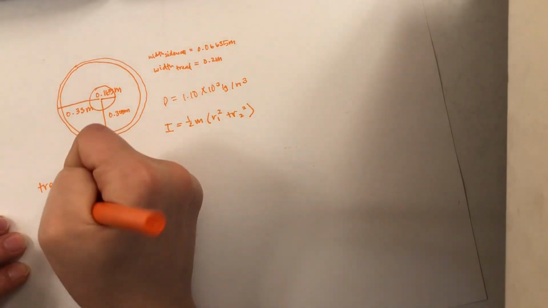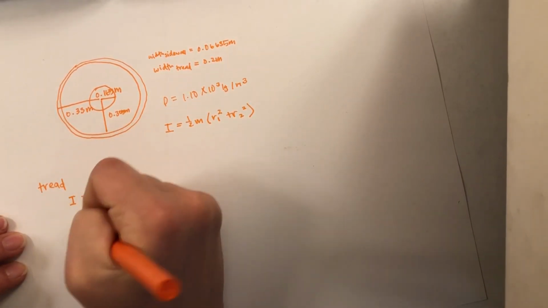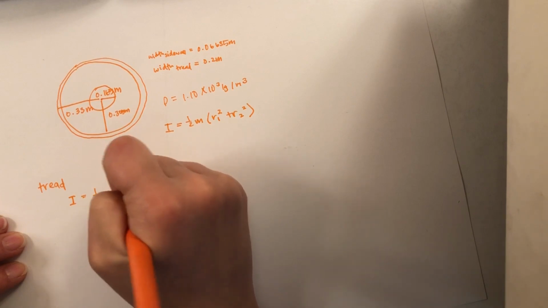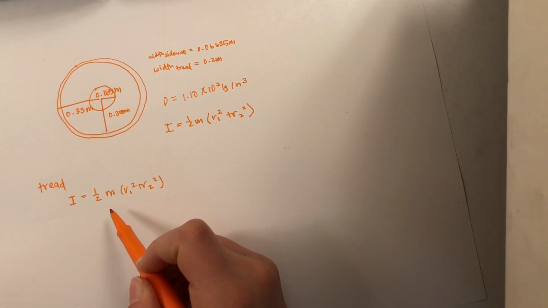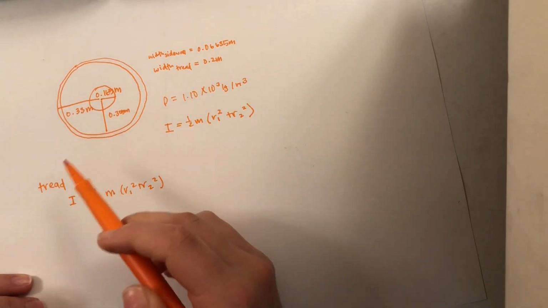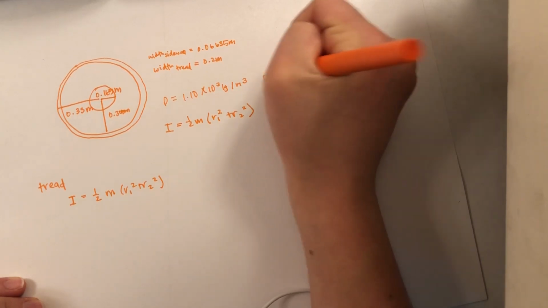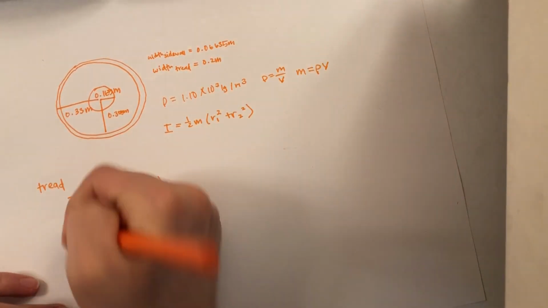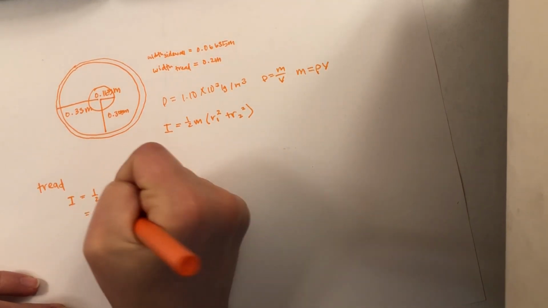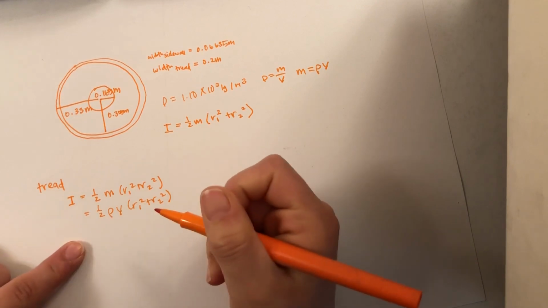Okay, so taking that, 1/2 mass times (radius 1 squared plus radius 2 squared). So we don't have the mass of the tire, we just have the density, and density is mass over volume, therefore mass is density times volume. So 1/2 density volume (r1 squared plus r2 squared).